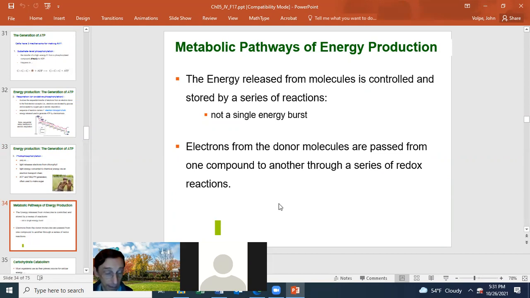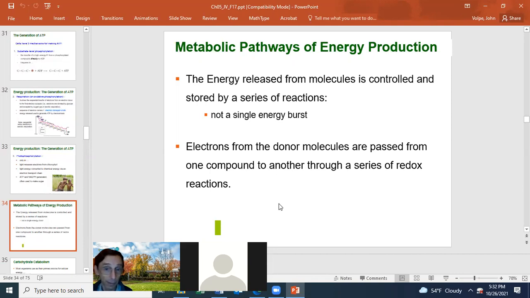The point is cells can generate ATP in three ways: substrate level phosphorylation, by respiration, and by photophosphorylation. The energy that's released from molecules is released in controlled ways and stored by a series of reactions.